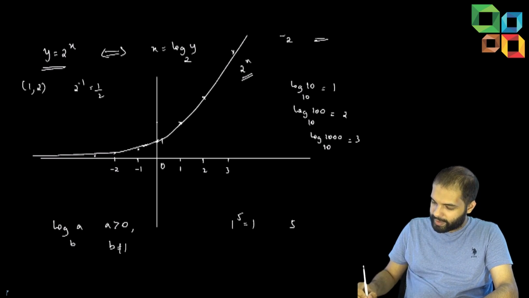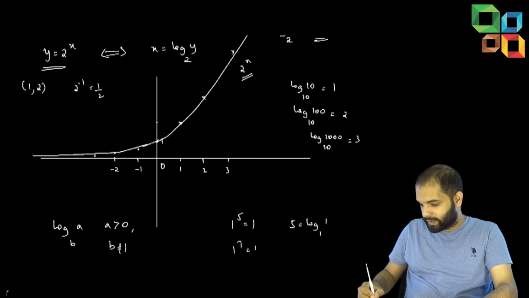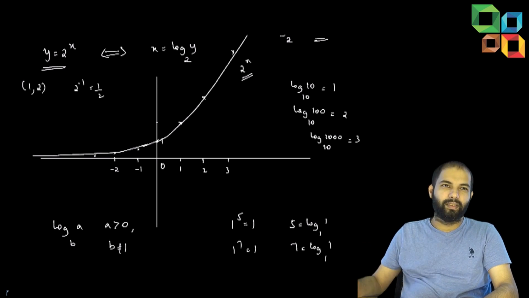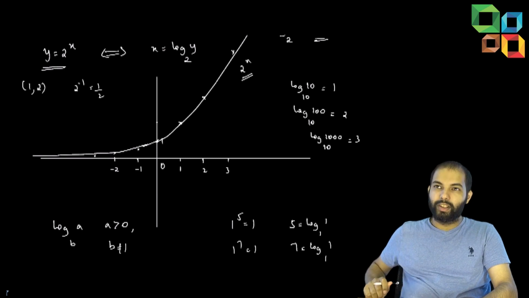So this means 5 is equal to log 1 base 1. Can you see the issue already? Otherwise, I can write 1 power 7 is equal to 1, so 7 is equal to log 1 base 1. Again, a contradiction, correct? You're taking two different values, and there are infinitely many values. It can be any number. So these are all well thought out. In the definition, whenever I'm writing, a should be positive and b should not be equal to 1.